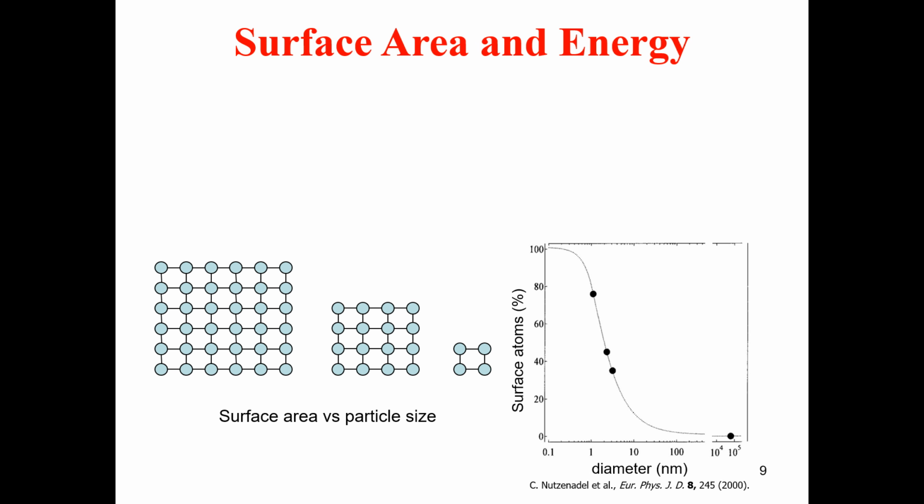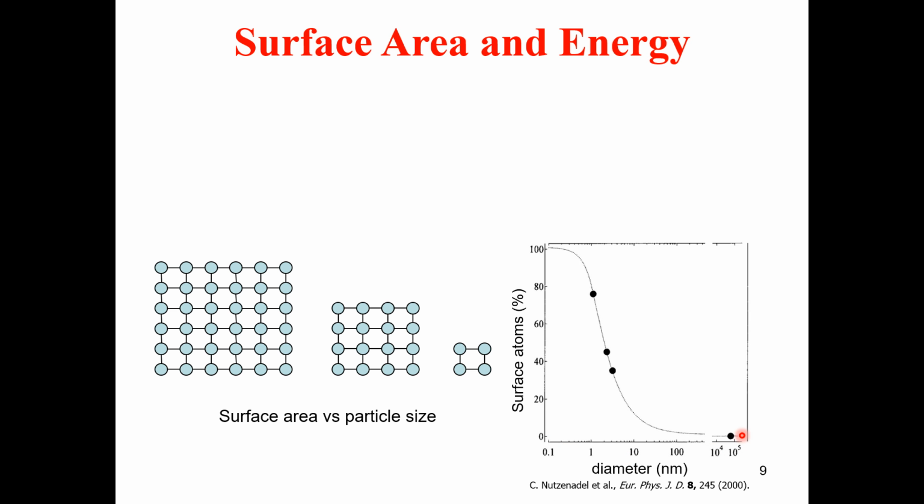So surface area and energy, what does that mean? Just like we mentioned on the previous slide, as we reduce the size of the material, the percentage of surface atoms increases. Here you can see it from this particular graph, which we are taking from a paper, and you can see the link of this paper. They have demonstrated this for nanomaterials by plotting the surface atoms versus the diameter.